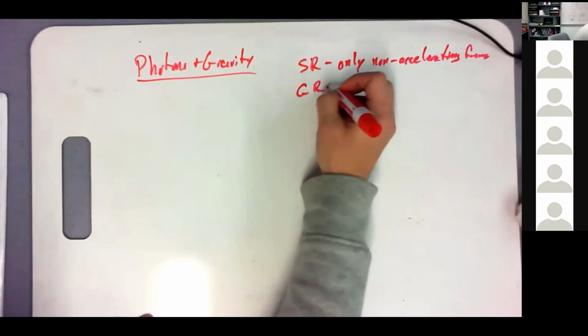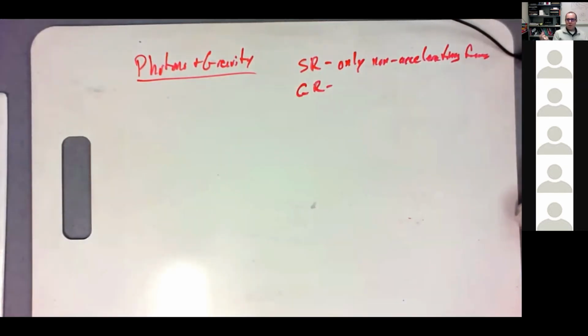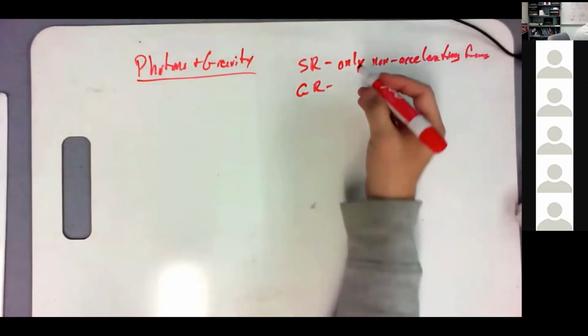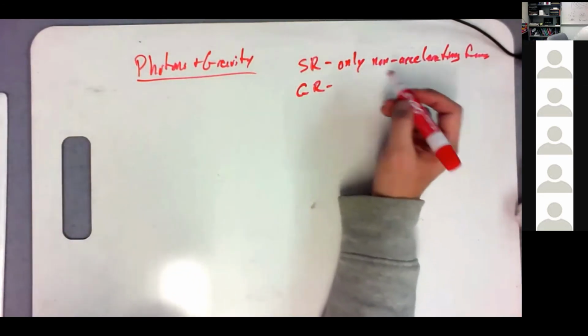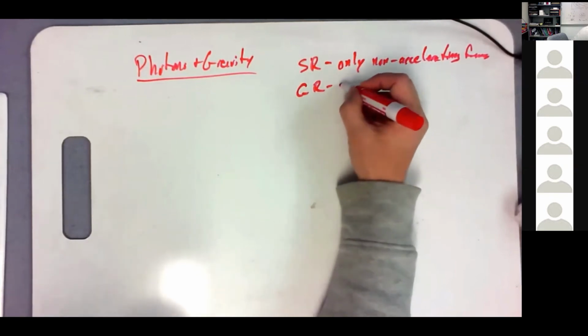General relativity, which took Einstein another 10 years or so to work through completely, extends that theory to accelerating frames.